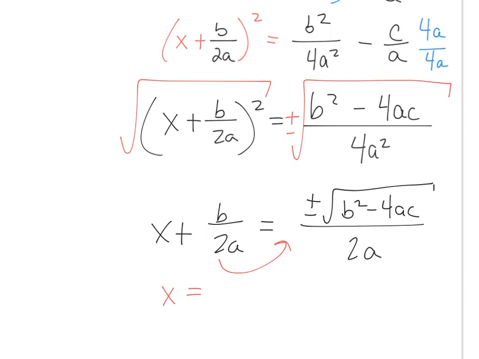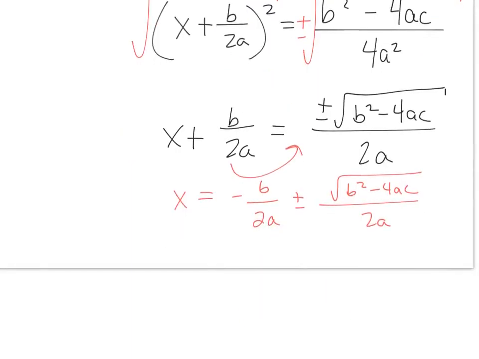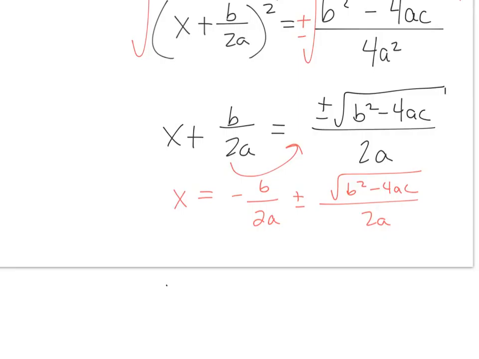We talked about this earlier. And I'm going to say, okay, negative b over 2a. I'm going to write it like that. Plus or minus the square root of b squared minus 4ac. Well, it turns out that we have a common denominator without even having to worry about it. The denominator is indeed common, so we'll write it as one single fraction. And this is our quadratic formula.